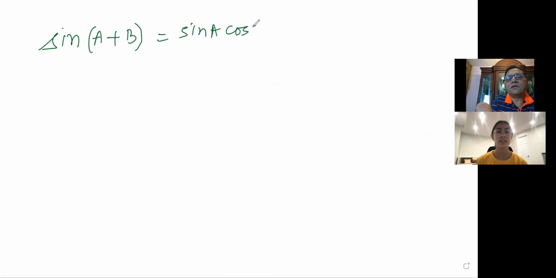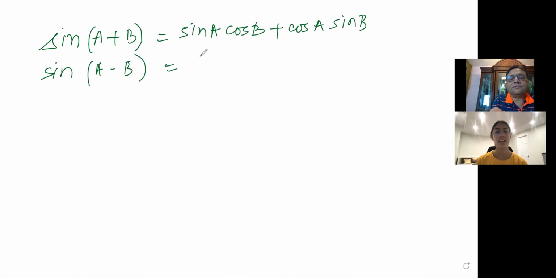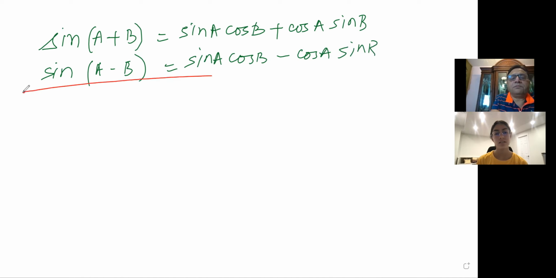Sine A cos B plus cos A sine B. Sine A minus B is what? Sine A cos B minus cos A sine B. Very good.